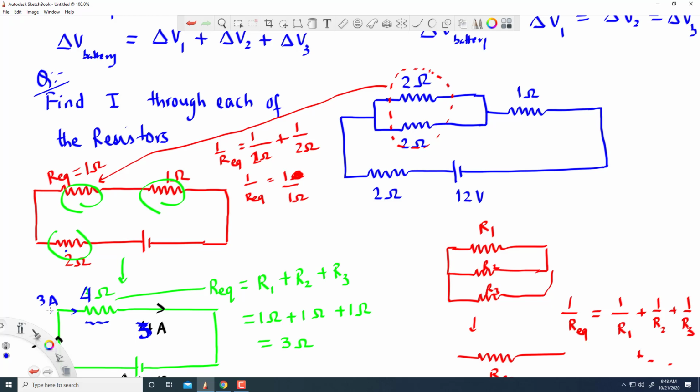If there is 3 amperes flowing through this combined one, you'll have 3 amperes here, 3 amperes here, and 3 amperes here, because we know current is the same everywhere for series resistors. Now again apply Ohm's law for each of the resistors.